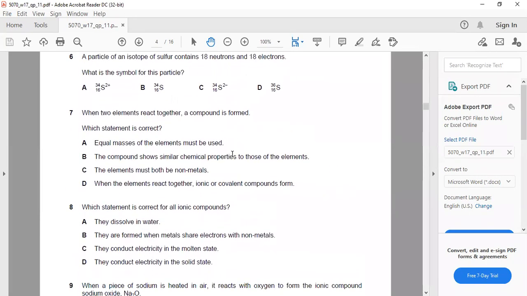Question 6 was considered the easiest according to the examiner report. So 18 neutron, 18 electron, sulfur. Sulfur has 16 protons.